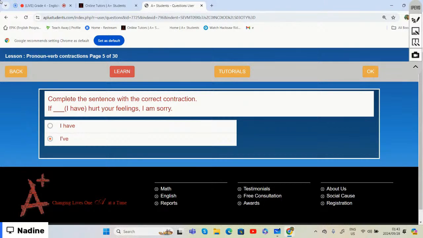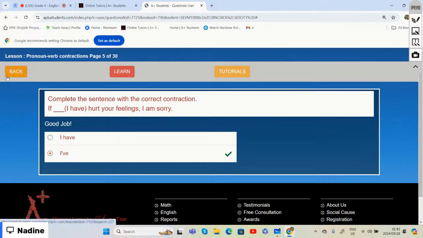If we were to shorten that word, instead of constantly saying I have, we can choose option one, I have, or option two, I've. We will say I've, to shorten I have.